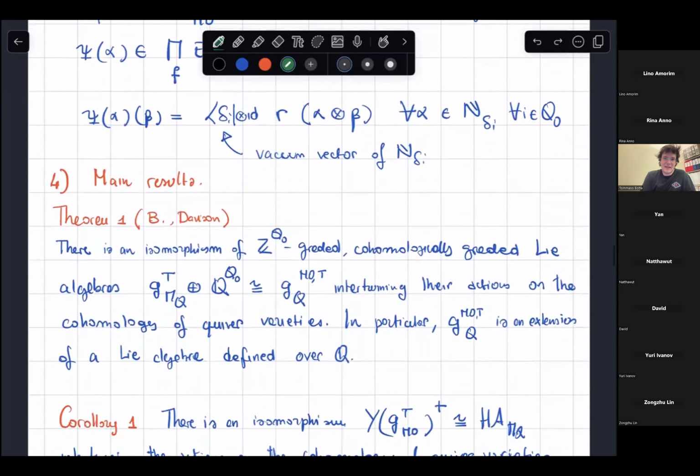And this isomorphism intertwines their actions on the cohomology of the quiver varieties.